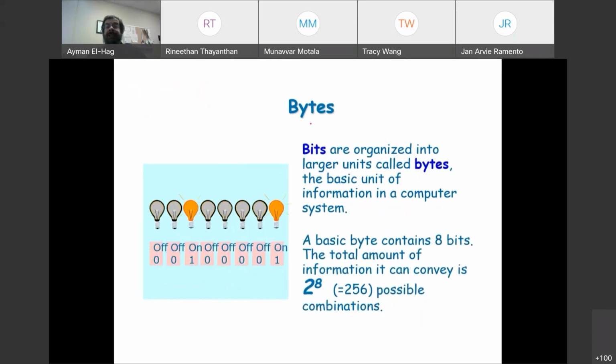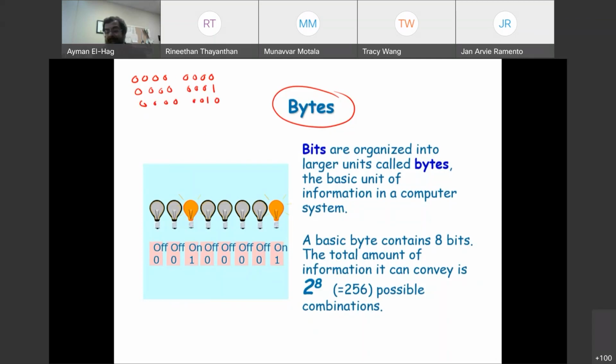Now, what is a byte? A byte is a combination of bits. Now, here we start to come to the resolution in your card. For example, this is an 8-bit byte, composed of 8 bits. So I can have 00000000, or I can have 00000001, 00000010, and so on and so forth.